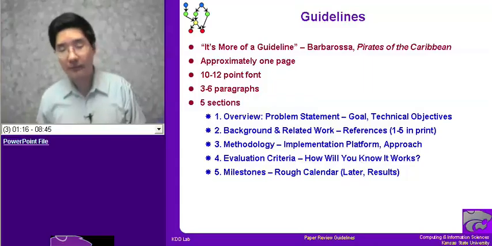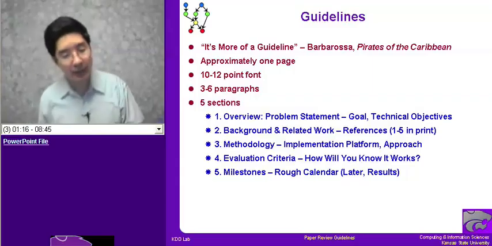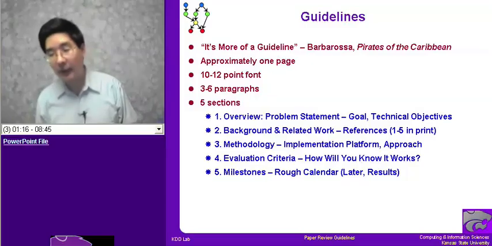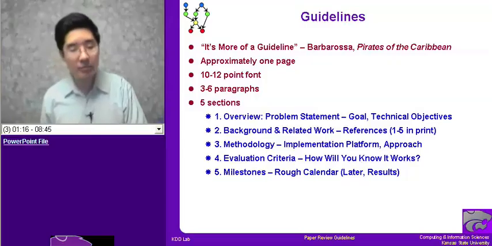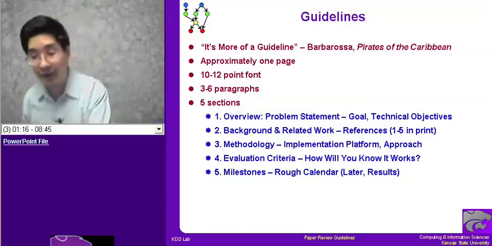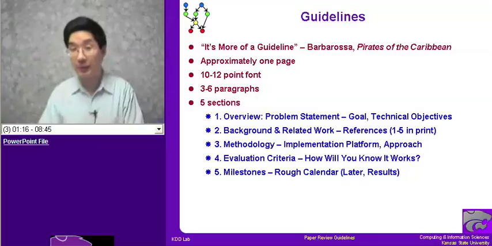Okay. I'm not expecting anything more than that, because we're basically talking about a quarter of the credit in a 3-hour course. So the second section should discuss the background and related work, and it should include at least 3 references, of which 1 to 3 are actually available in print. Okay, I generally require that at least one of those be actually primarily print reference, and it's always preferable if you actually go to the library and get that print reference.